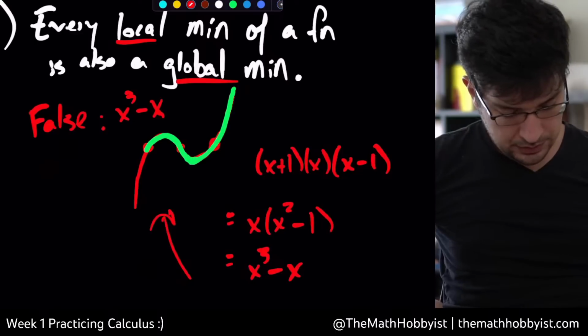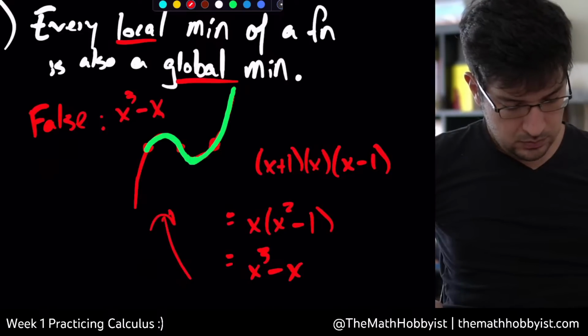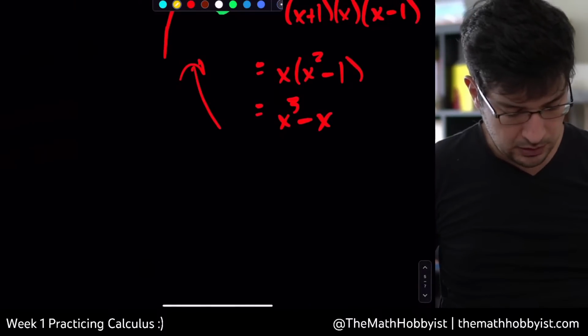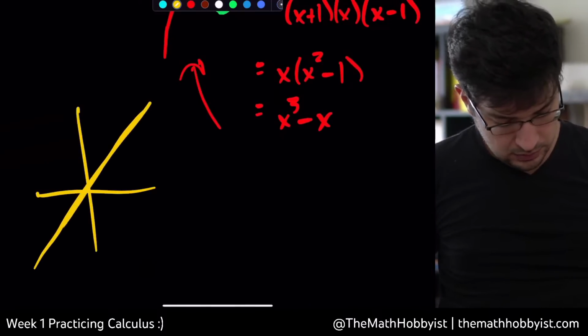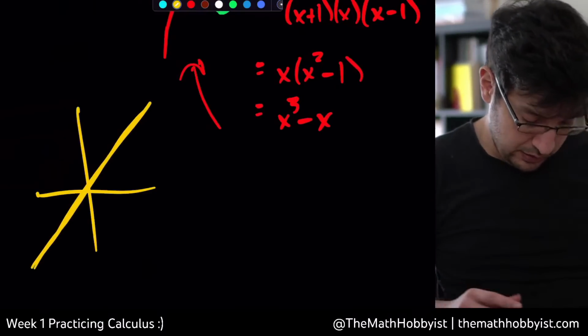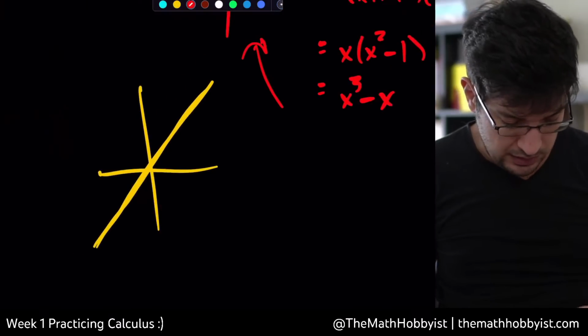There are other examples I could come up with, probably. I mean, even easier, or even smaller of an example. Let's take the other lazy function, y equals x. You just return exactly what you gave it.